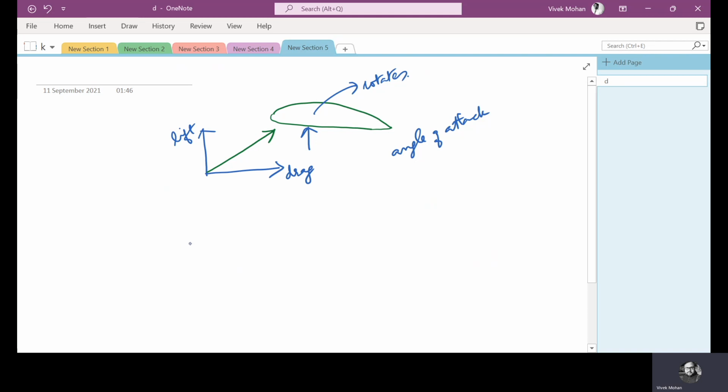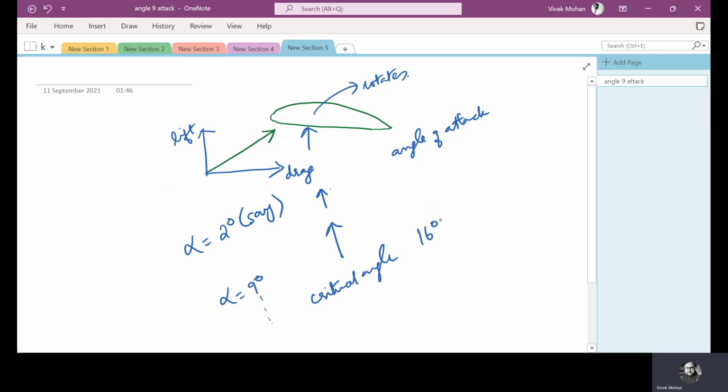Say if we have a low angle of attack, alpha equals 2 degree, so we have some lift. Now when alpha equals 9 degrees, the lift increases. Then when alpha increases, the lift also increases till the critical angle. So let the critical angle be 16 degree.